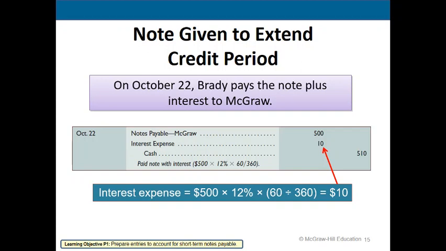And 1/6 times 500 times 12%, well, 500 times 12% is going to be $60, times 1/6 is going to be $10 of interest expense. So note payable, you're going to back out by debiting it. You're going to debit interest expense for $10, and of course you're going to credit cash for $510.